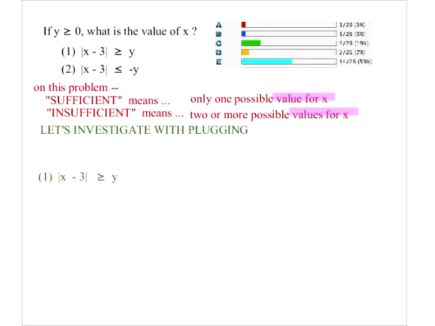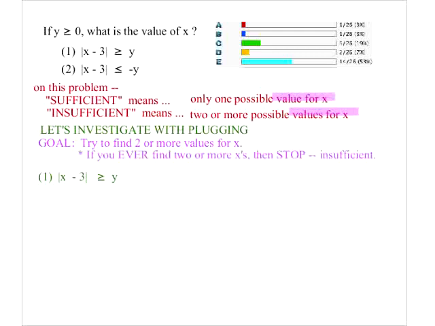So goal, try to find two or more values for X. If you ever find two or more X's, then stop, and it's insufficient. But if you keep getting the same, if you can't find more than one X, then give up, so sufficient.